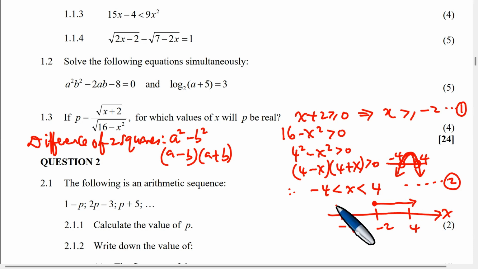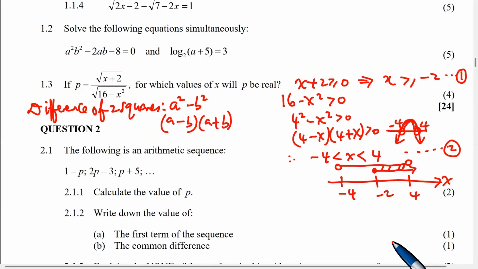When x lies between -4 and 4, you have this. Our interest is in where these two overlap. The actual final solution to this problem would be -2 less or equal to x less than 4. Right, so we get this answer.